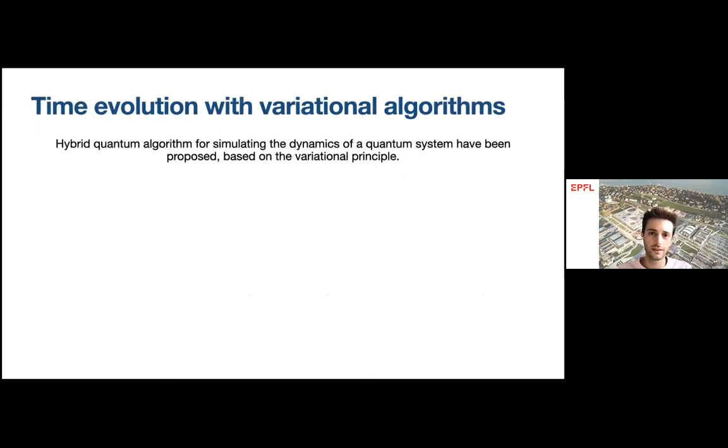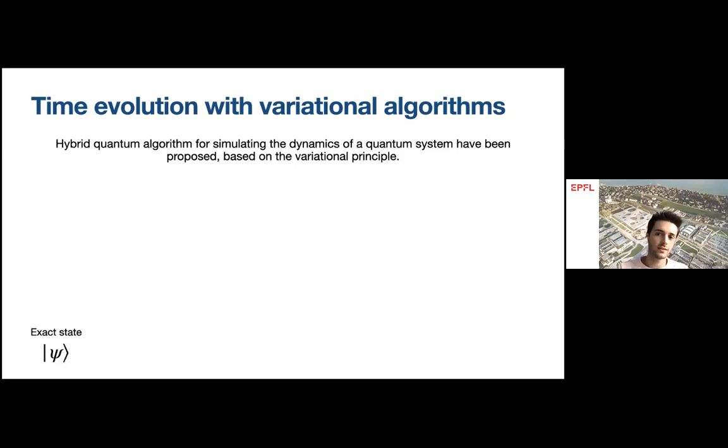And for this reason, hybrid quantum algorithms have been proposed. They are hybrid in the sense that they combine a quantum computer with a classical computer to lower the work that a quantum computer has to do and to reduce the impact of error. Basically, all the variational algorithms work in the same way.